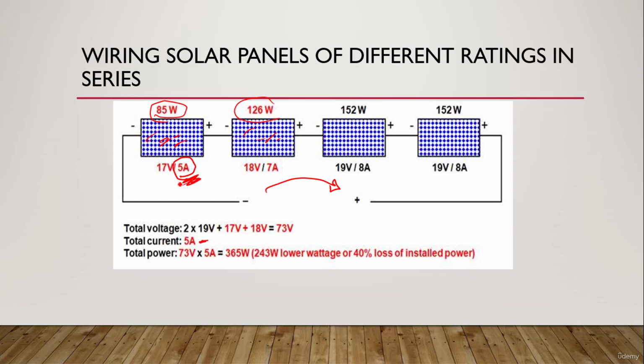But what would happen for the voltages? According to Kirchhoff voltage law, 17 plus 18 plus 19 plus 19, we're going to get 73 volt. Total power is going to be 73 times 5, we're going to get 365 watt, or 243 watt lower wattage compared to the installed power, or 40% losses.